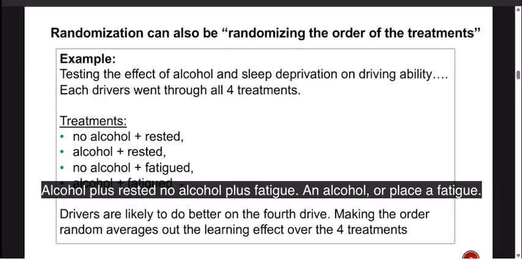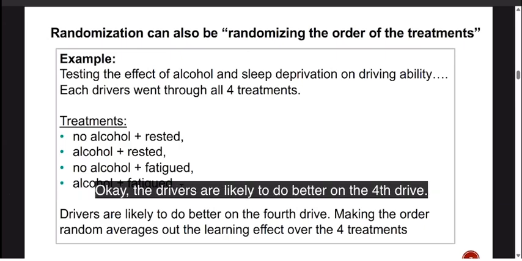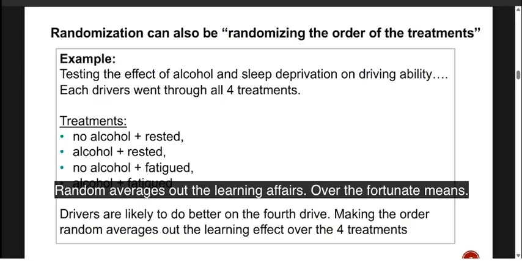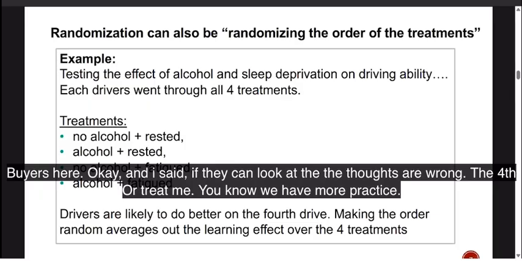Of course, here we notice that without randomizing the order of the treatments, the drivers are likely to do better on the fourth drive. Making the order random averages out the learning effects over the four treatments. So randomization will eliminate systematic bias here.